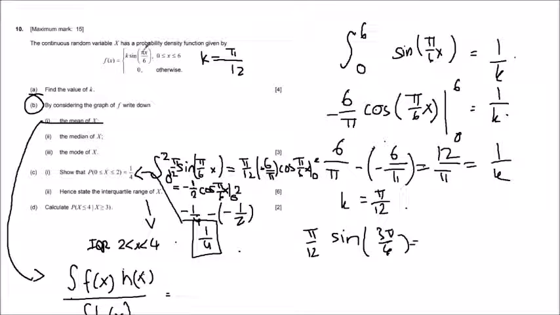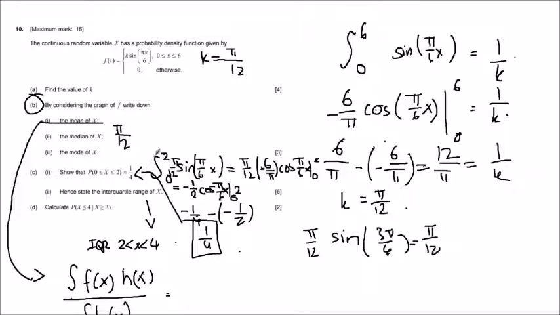If you put x halfway through, you'll get 3 pi over 6, which is like right here, and 3 pi over 6 is 1/2 pi over 2, so it's pi over 12. I think that's the median.